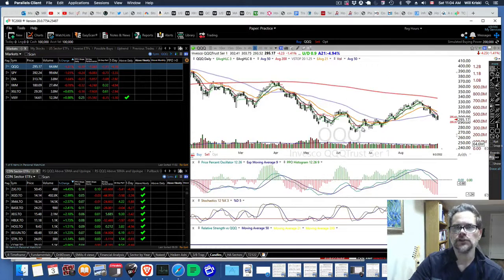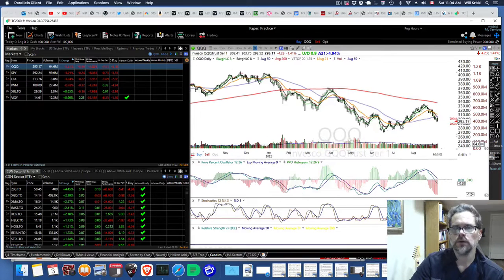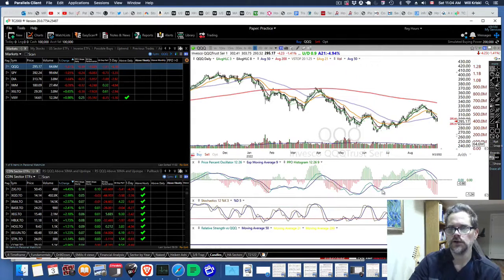If we go to the daily chart, we're down below the 50. We had this little rally here, but failed at the 200, and then we're down below the 50 again. Once we broke up above the 50, we had support. There was a rally here. On the daily chart, you can see down here with the momentum, you crossed here and you crossed there.